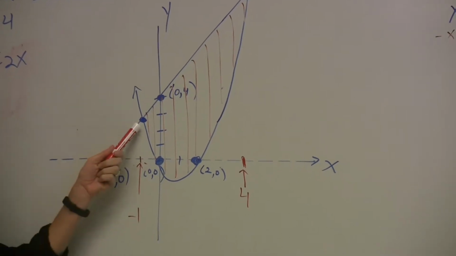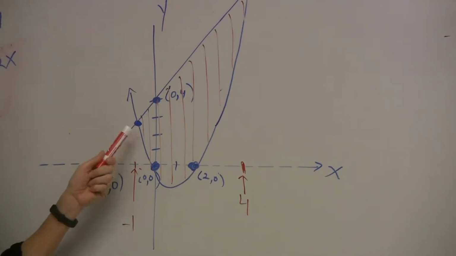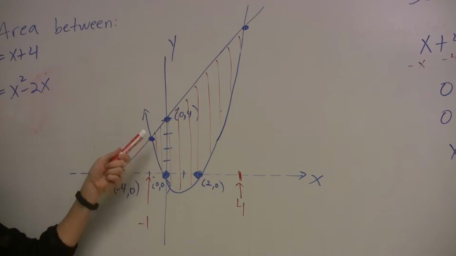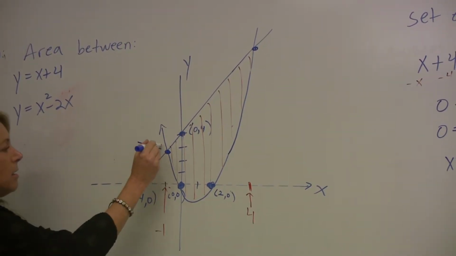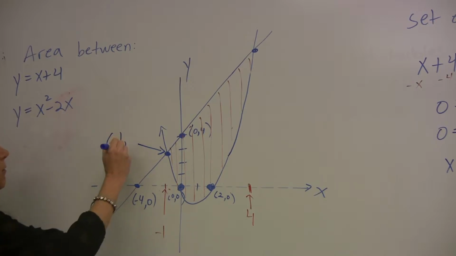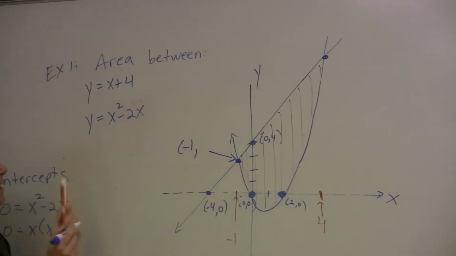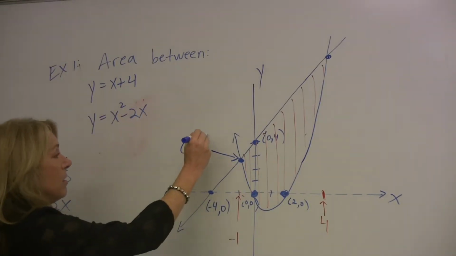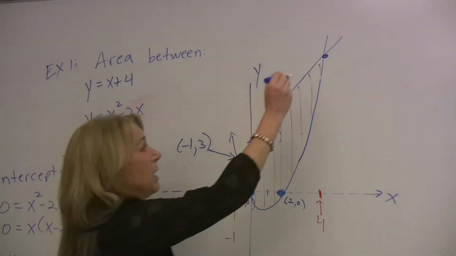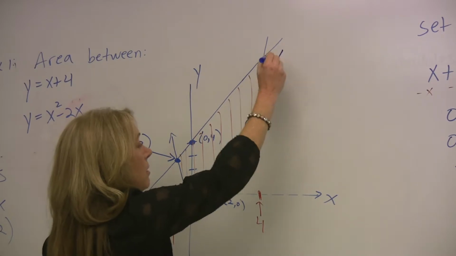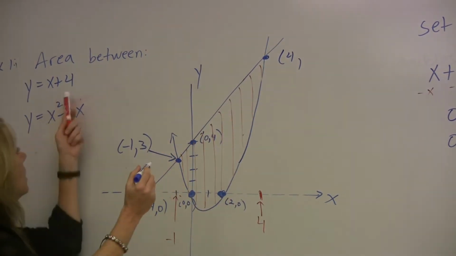That tells me that if I actually wanted to know these two points, I know what the x is right here. The x is negative 1. I can just plug it in and figure out what the y is. This point right here is negative 1. If I plug it in here, I'll get a 3. That's that point, negative 1, 3. And this point here is 4, 8.